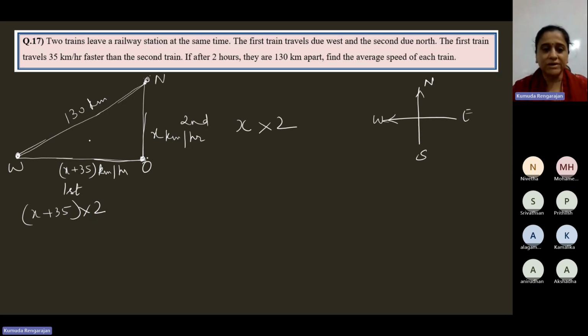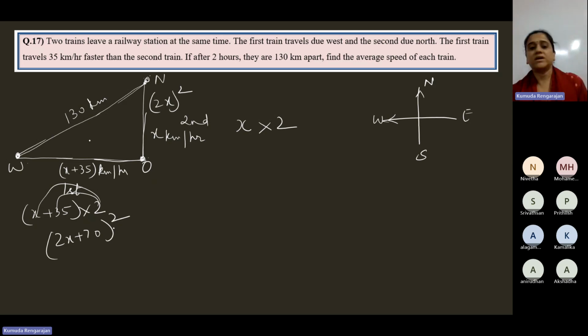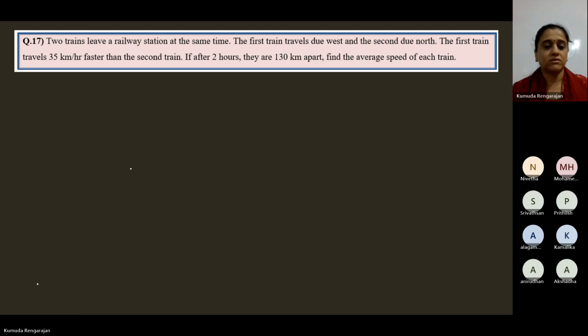So this line segment is 2x, and this is 2x plus 70. So 2x the whole square plus 2x plus 70 the whole square is equal to 130 the whole square is the equation. Got it? See it quickly again.